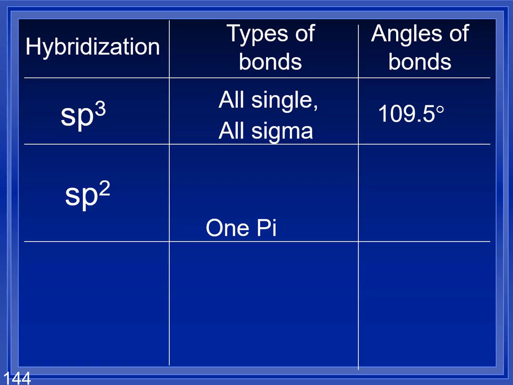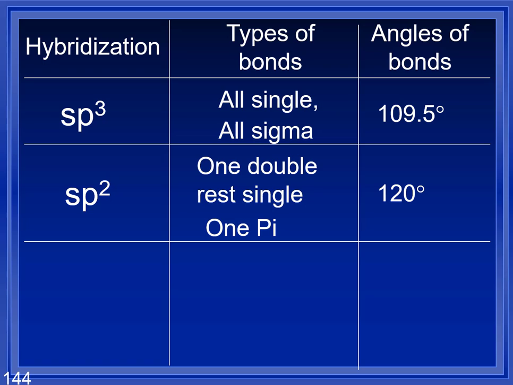So the other way of looking at one pi bond would be one double bond. The rest all single. And we've got three things coming off. The farthest three can get away from each other is 120 degrees.